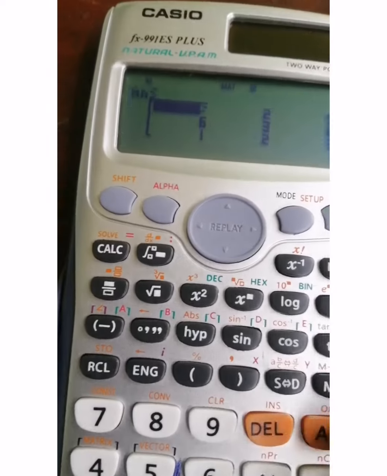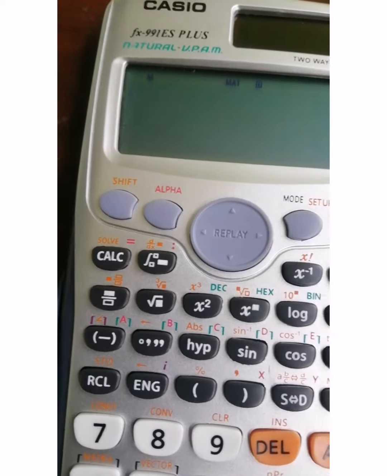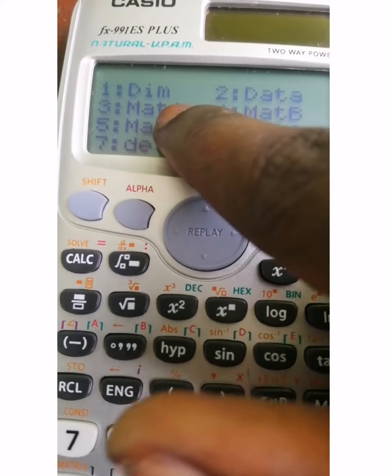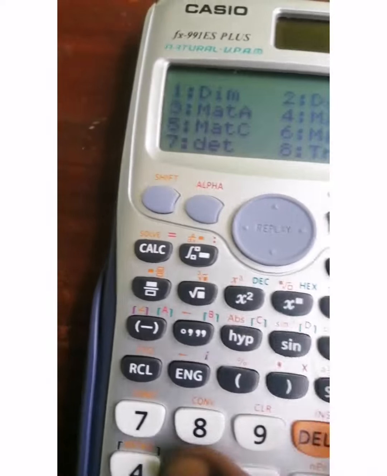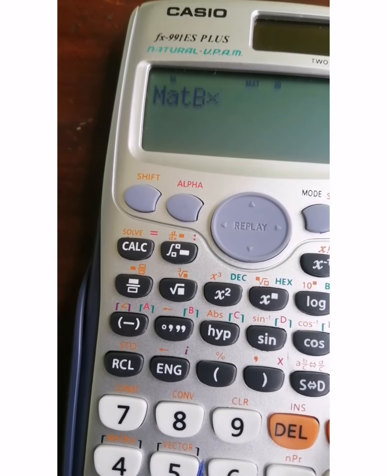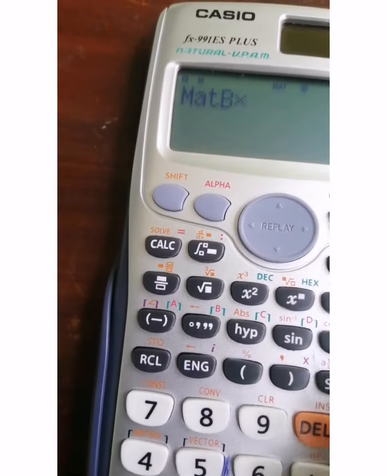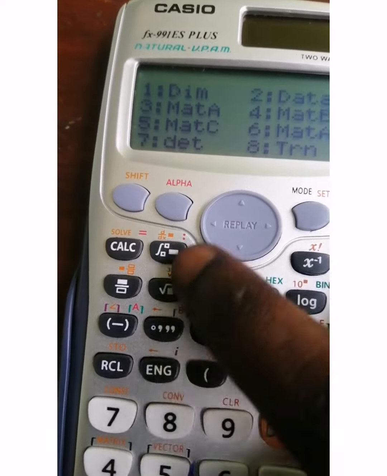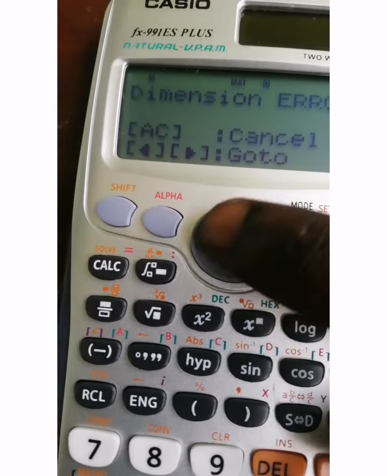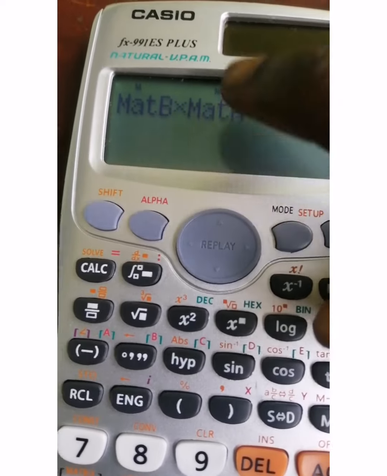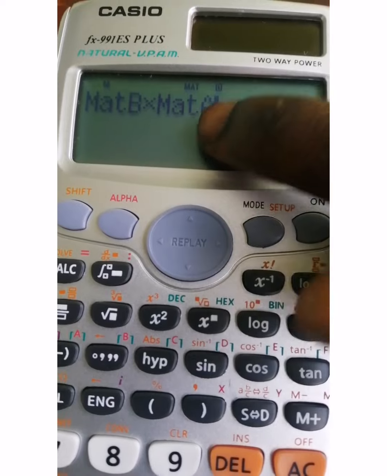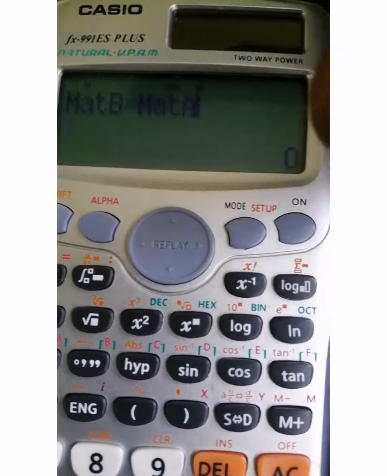Now if I want to find the dot product, or maybe I want to multiply vectors, I'll go to shift plus 4, and I'll choose a matrix, 4, and I'll bring times, shift plus 4 matrix, and I'll choose maybe 3, and after I press equal to, it gives a dimensional error because I have not stored any value for mat A. But if you store any value for mat A, you'll be able to find this.